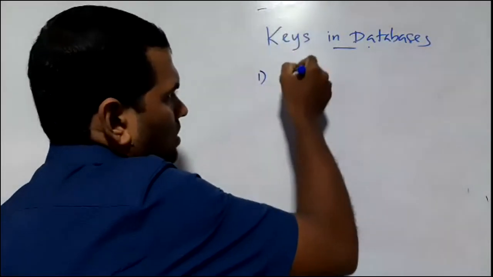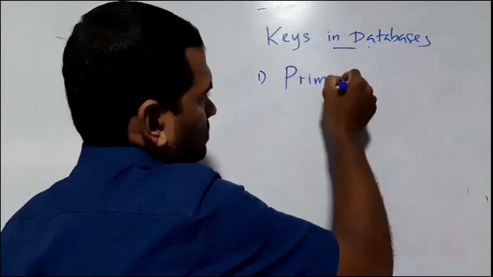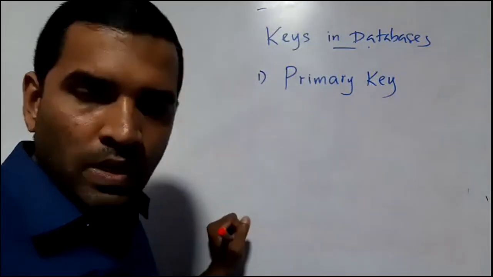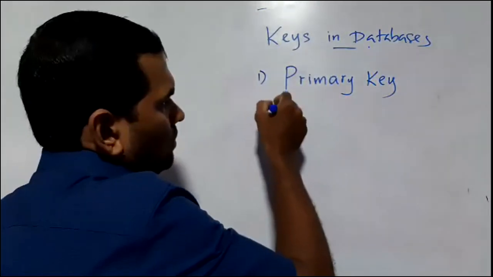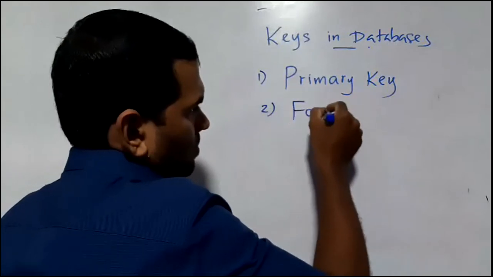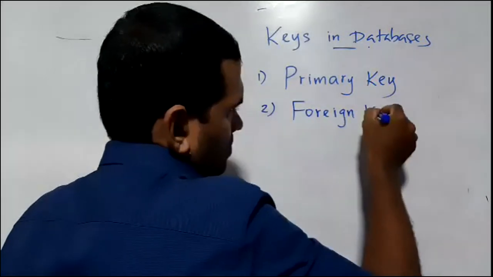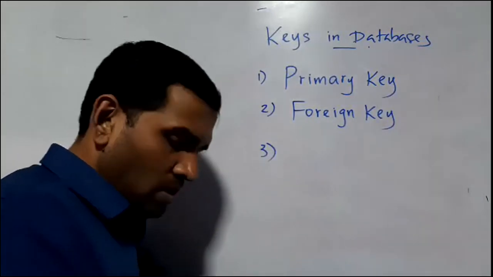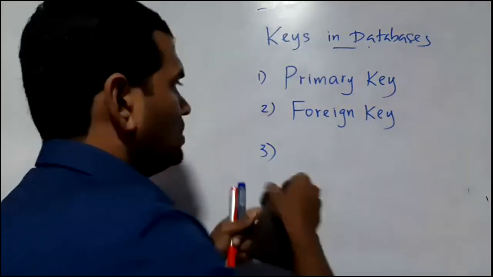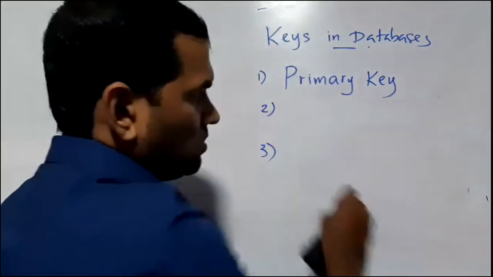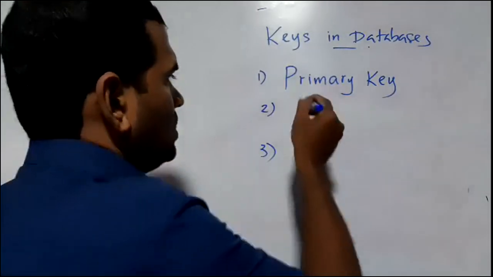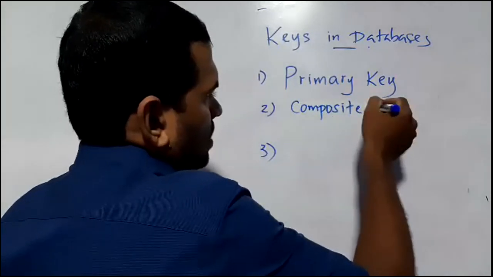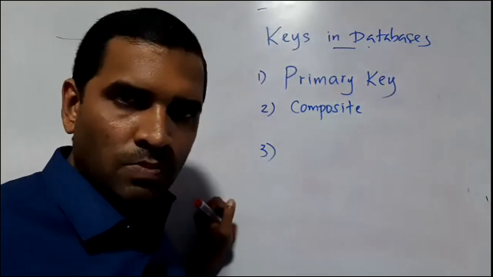First one is primary key. There is a field called primary key. I will explain. Second, better I take the composite key second, then third foreign key. That may be the best way to explain. Second, composite key. But I think in your book that is named as composite primary key.